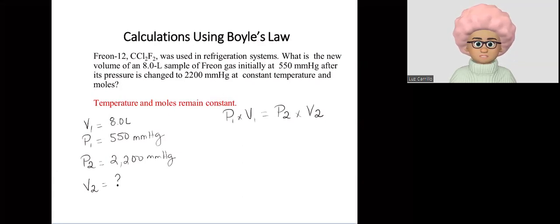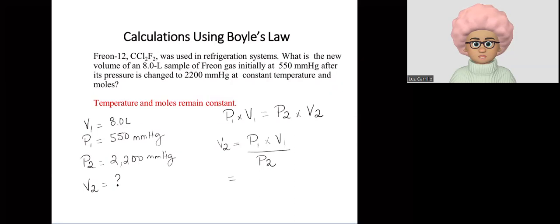Utilizing algebra, we can separate the V2 term by itself, because we can divide both sides of the equation by P2. So this equation can be written as V2 equals P1 times V1, everything divided by P2.